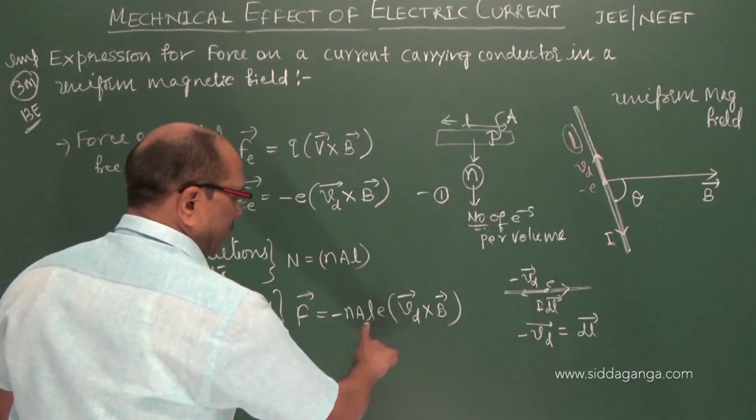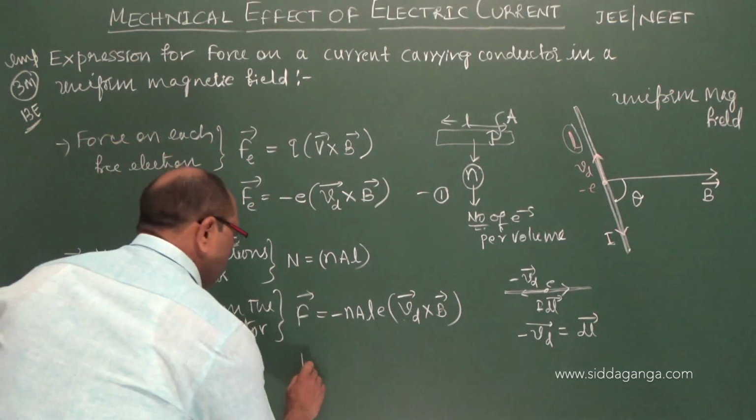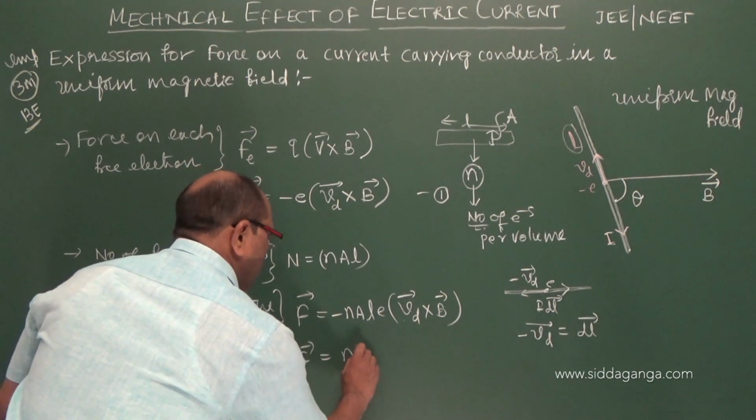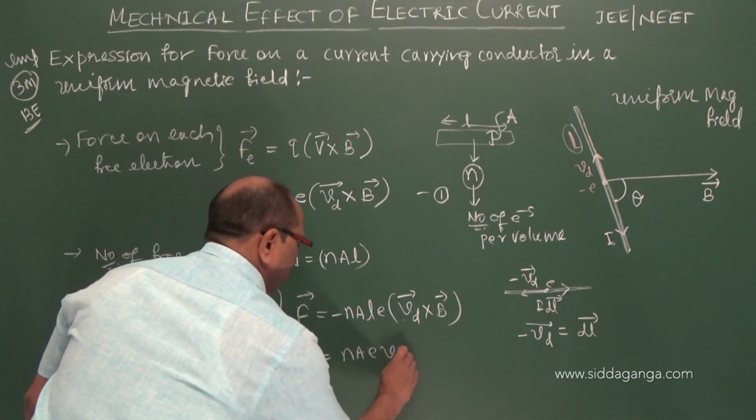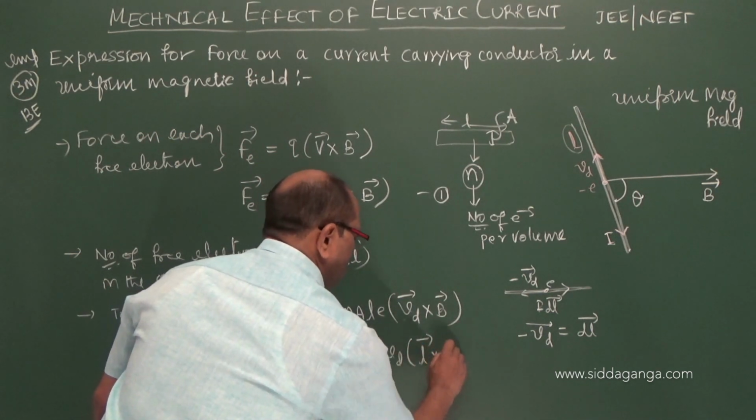Therefore, I take L inside and Vd I bring out. So the force becomes nAeVd, with L taken inside, L cross B.